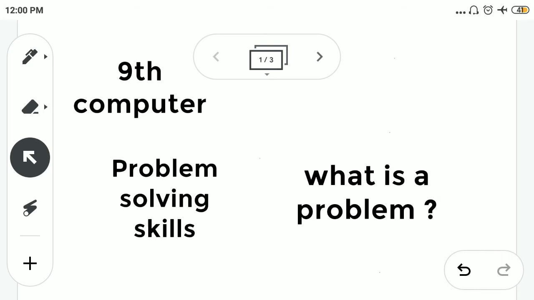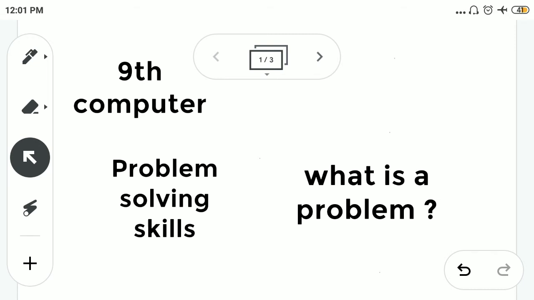To solve this problem, the computer provides an easy way of creating a database and entering all the data, so that it will be very easy to search for data and to provide a detail. There are software for databases and modification of this database. So this is a problem, and this is a solution for it.